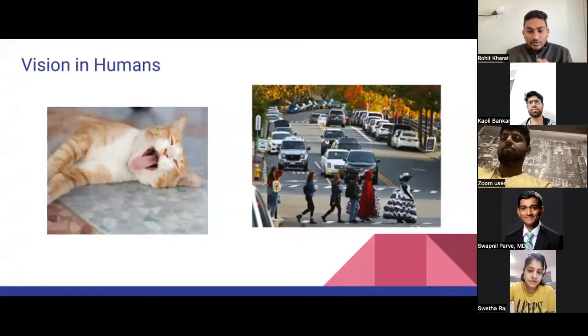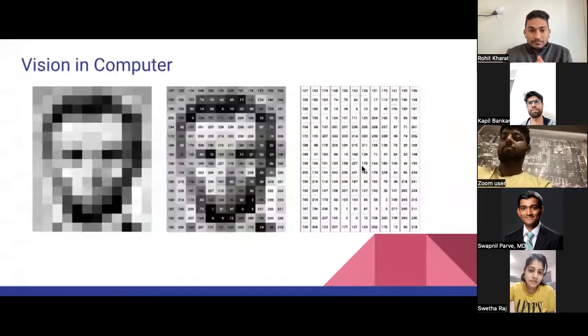So it is very easy for us to comprehend the scene and objects in the image. But when it comes to a computer, it basically goes to pixel levels, and we try to find what pixels are there and how we can use that pixel knowledge in order to comprehend what image that would be.